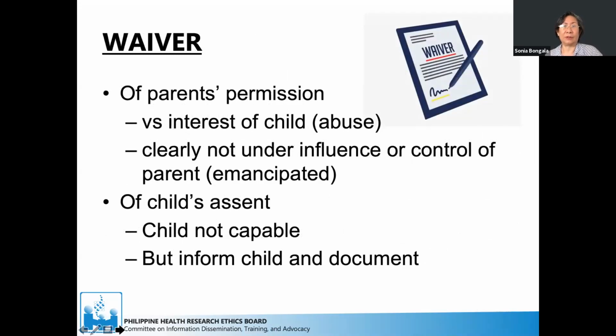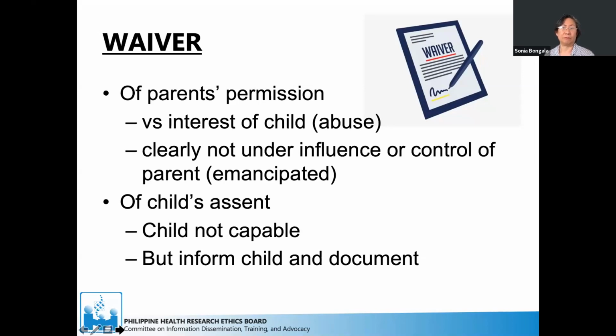Okay? So parents' permission does not necessarily mean that the child agrees. It can be subject to abuse. And there are some children who are, we call the emancipated children, wherein they're no longer under the control of the parent. For example, yung mga less than 18, tapos nag-asawa na, hindi na siya under the control of the parent.